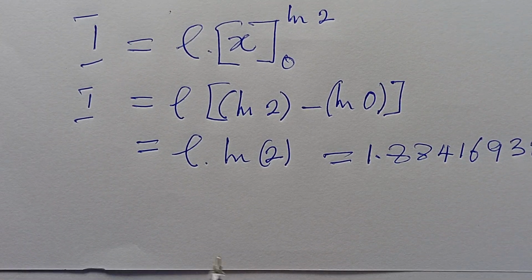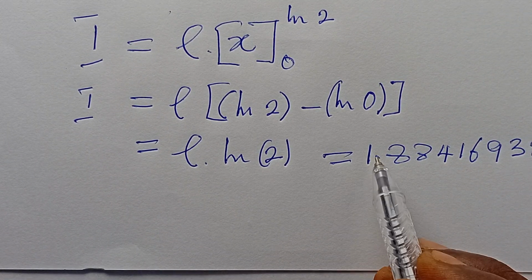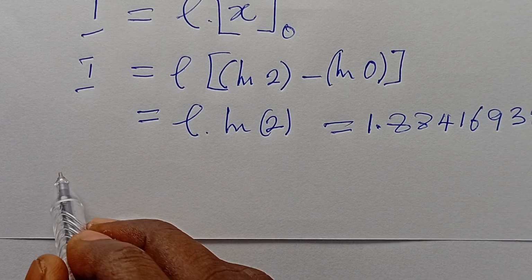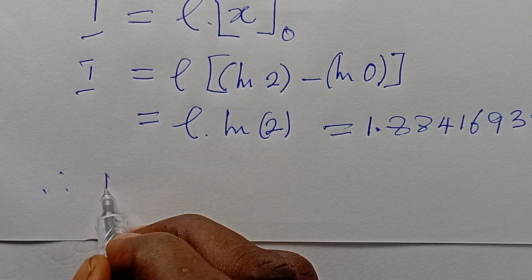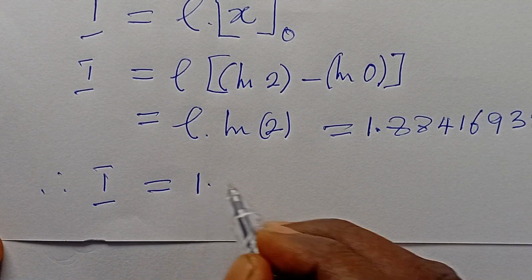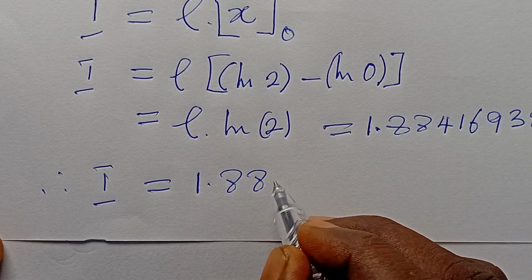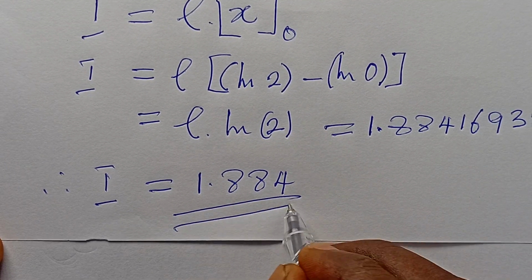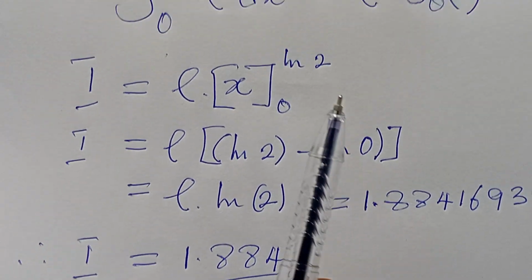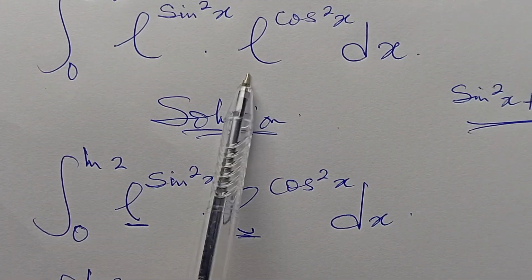So approximately this is going to give us 1.884. And so we can say, therefore, that I is equal to 1.884. So this is the answer you get when you integrate this function here.